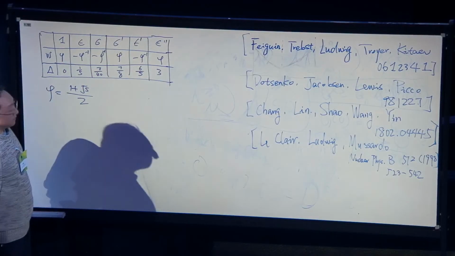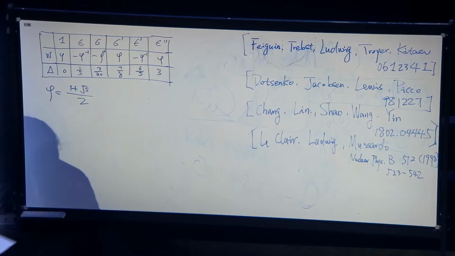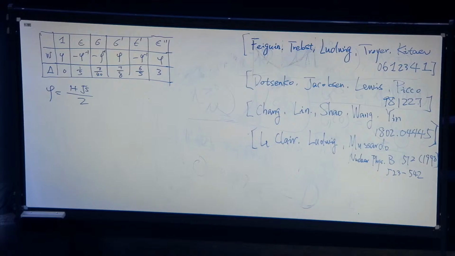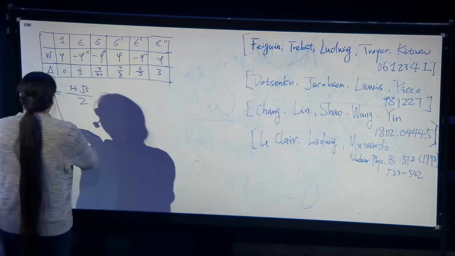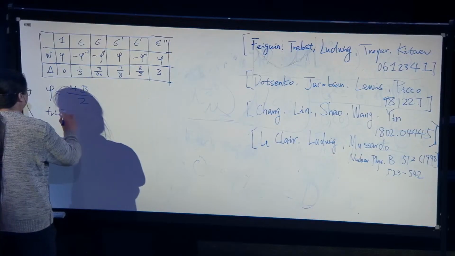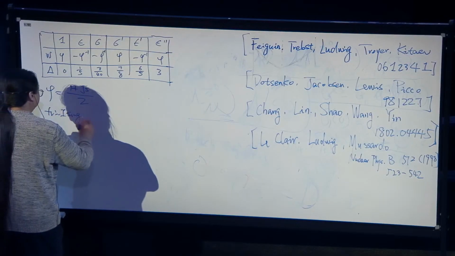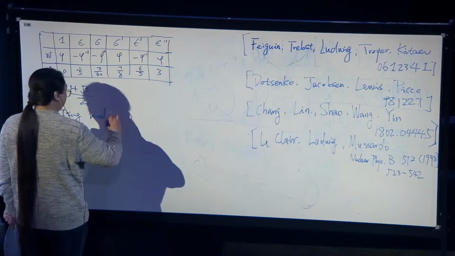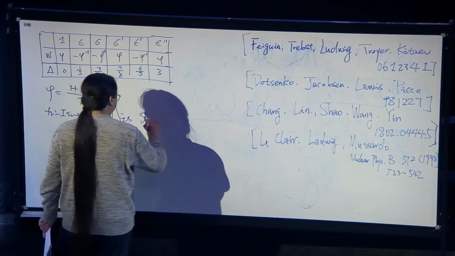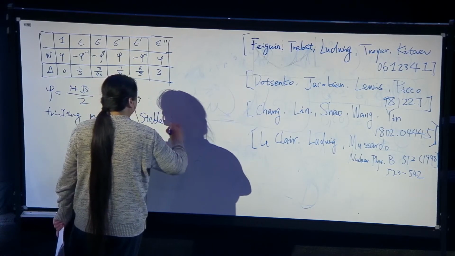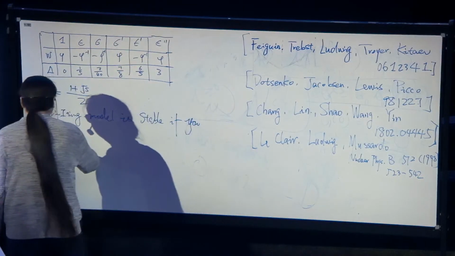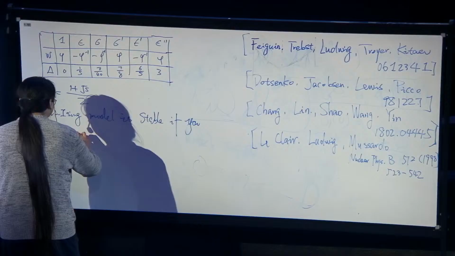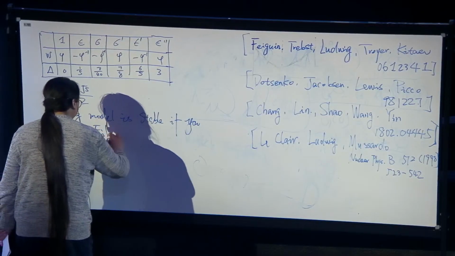So you can see that the leading operator that is invariant under both Fibonacci and the Z2 symmetry is the epsilon double prime, which is an operator with scaling dimension equal to 3. So this tells us the tricritical Ising model is stable if you preserve both Fibonacci and Z2.